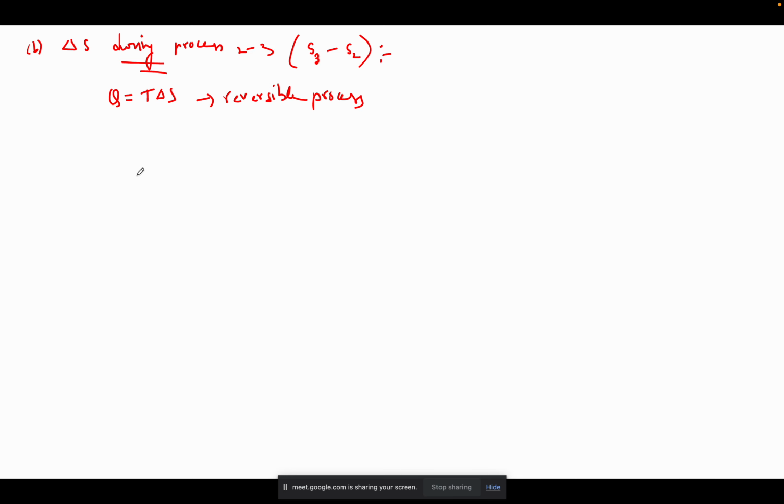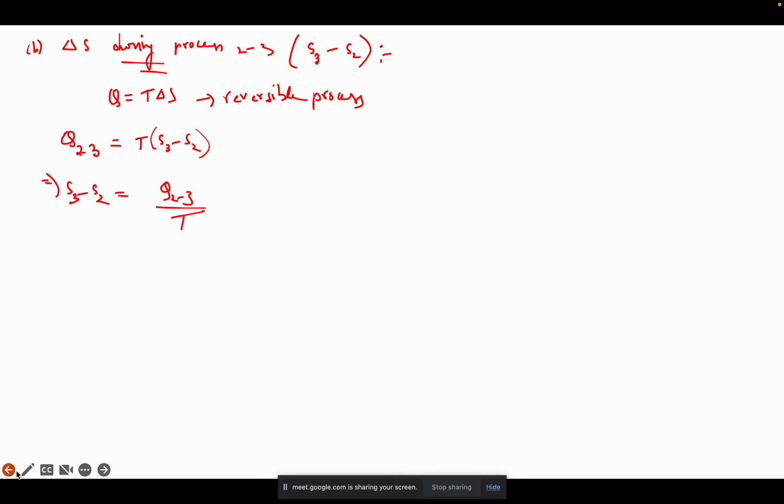Because this is a Carnot cycle, and in a Carnot cycle all the processes are reversible. So from here I can write Q2 to 3 is nothing but T into (S3 minus S2). So S3 minus S2 will be equal to Q2 to 3 divided by T.